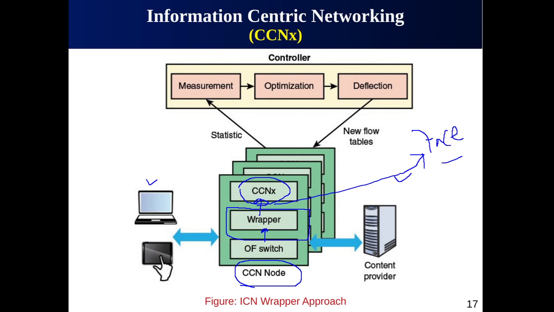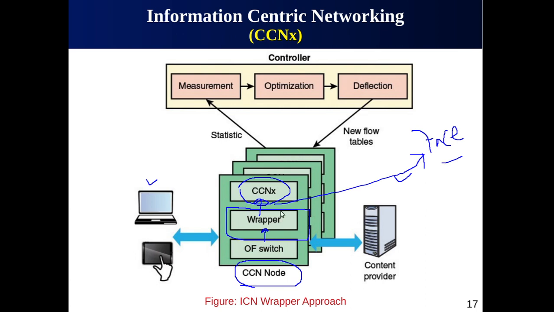Why do we need them to be paired? Because at the top level we have information named, accessed by name, but at the bottom, in the switches, we have IP addresses. So we need a mapping from the name to IP addresses, and from the IP addresses to name, or even port number could be there.